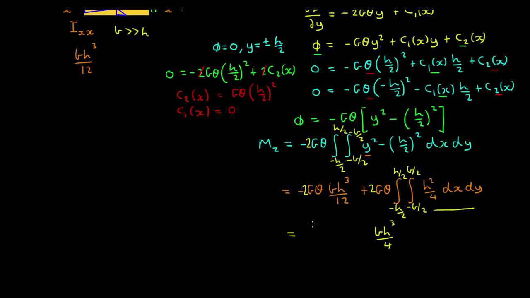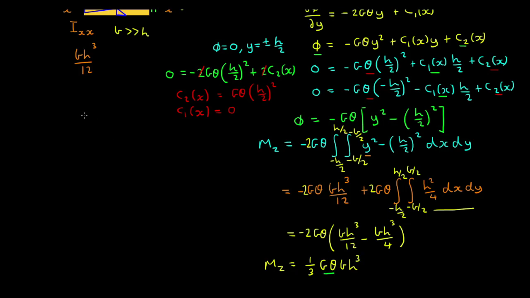And then if we factor out minus 2Gθ, we get bh cubed on 12 minus bh cubed on 4. So that gives our torque, which is 1/3 by the shear modulus by the rate of twist by the width of the section by the height cubed.